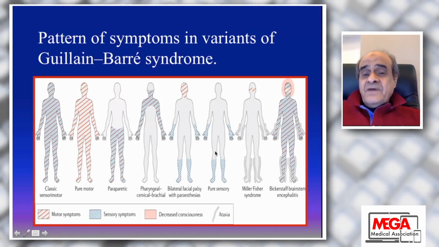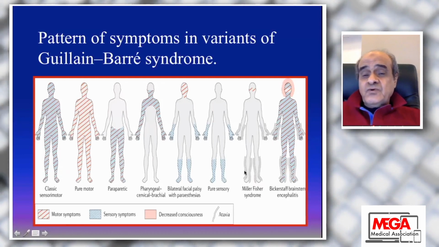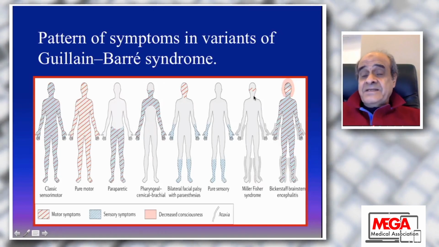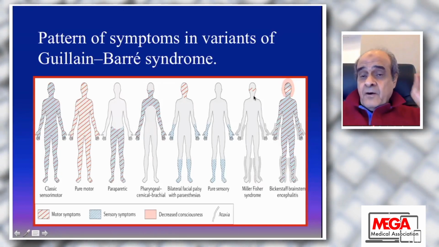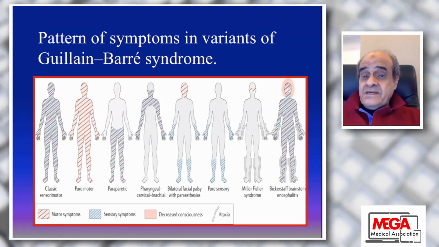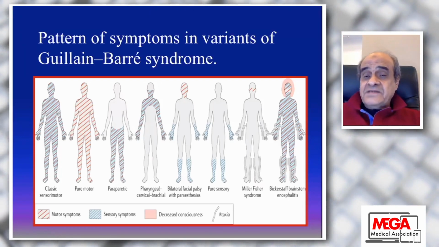Or in the form of Miller-Fisher syndrome, which consists of three items: ophthalmoplegia affecting the eye muscles, ataxia, and areflexia, no reflex action.